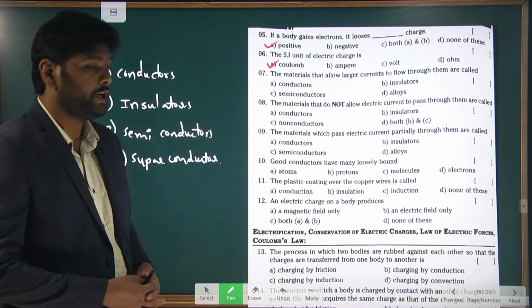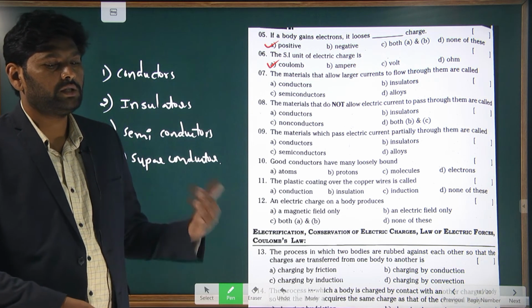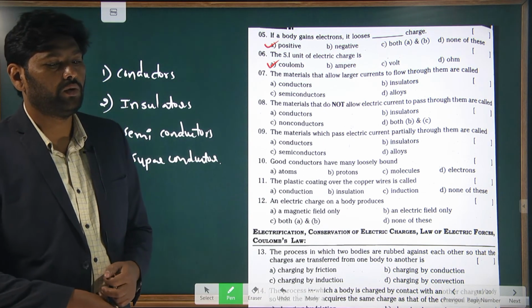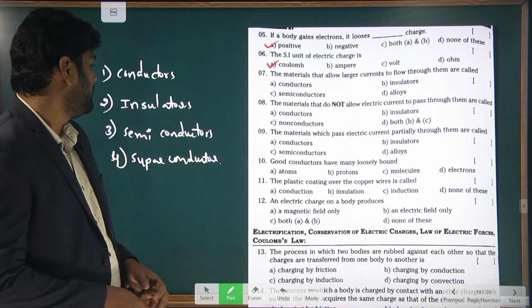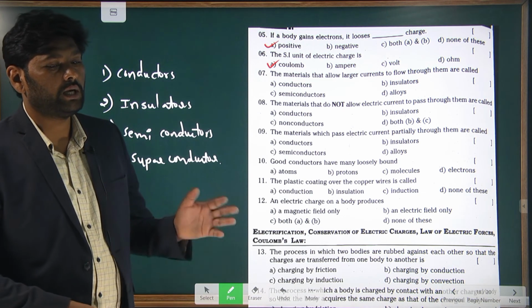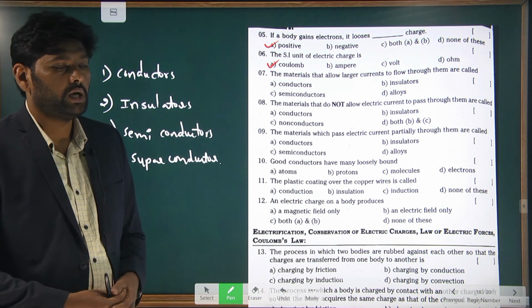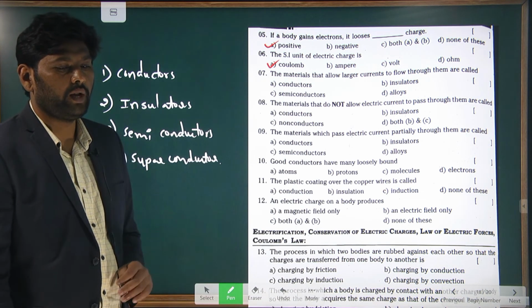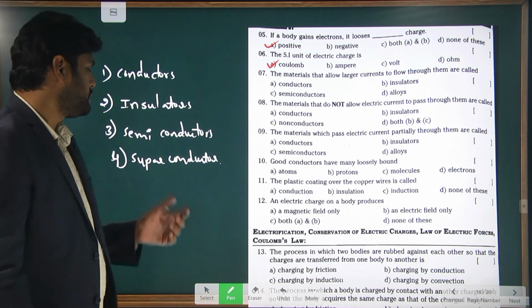Next, insulators are the materials which do not allow the charges to pass through them. Next, what about the semiconductors? Semiconductors are the materials that partially allow the charges.